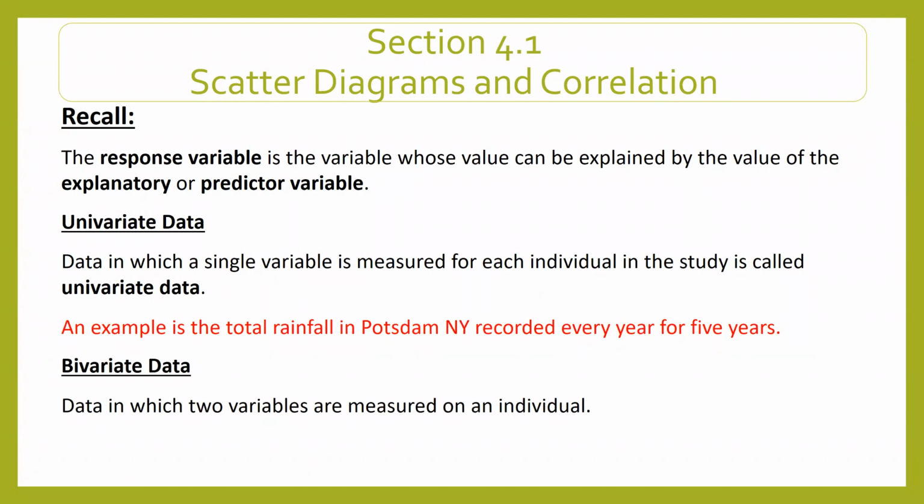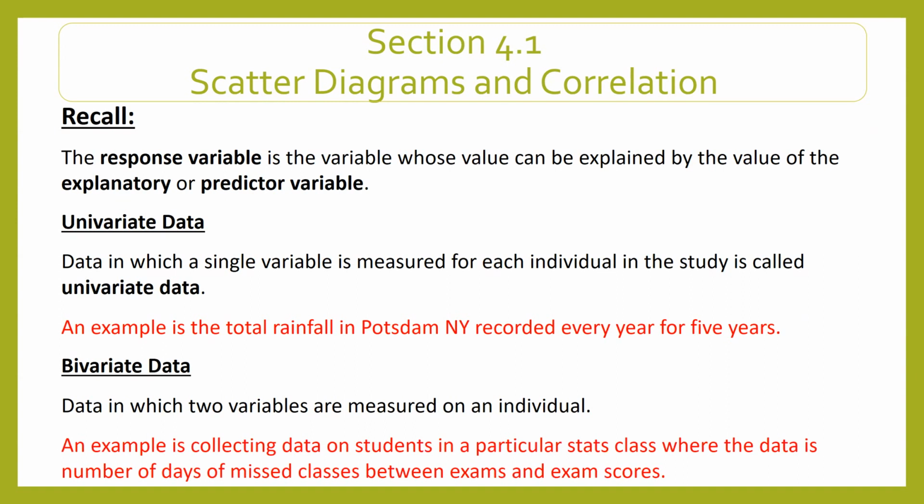All right, so when we talk about bivariate data, we mean the data in which two variables are measured on an individual. So just two. For example, if we collect data on students in a particular statistics class, where the data is the number of days of missed classes between exams and exam scores.